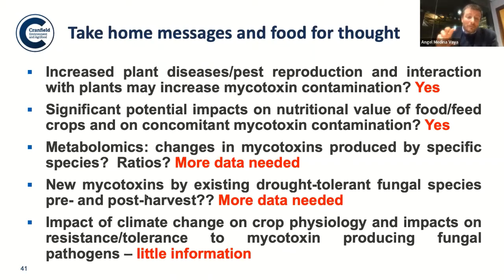Maybe, as I said, we might have new important mycotoxins. We have all these drought-tolerant fungal species that can grow pre and post harvest, and under increased CO2 conditions they might produce things that are very nasty for our food, but we don't know yet, so more data is needed. On the impact of climate change on crop physiology and how resistant crops are to mycotoxins, there is little information, only for a few crops and a few species.